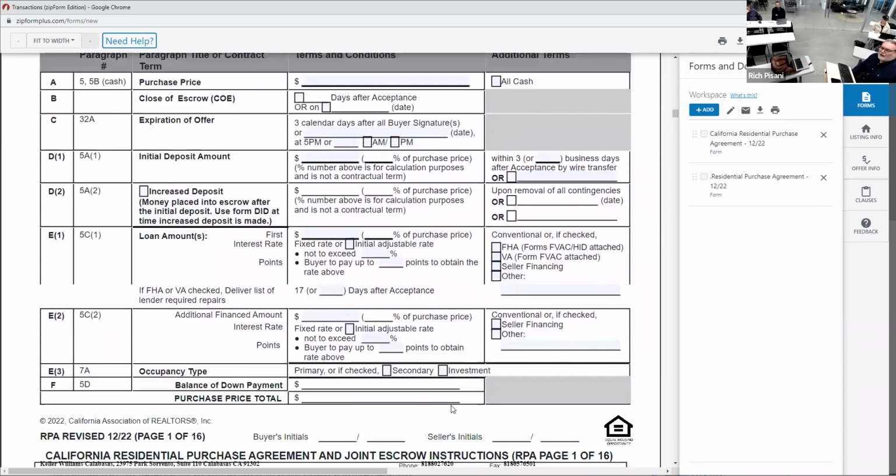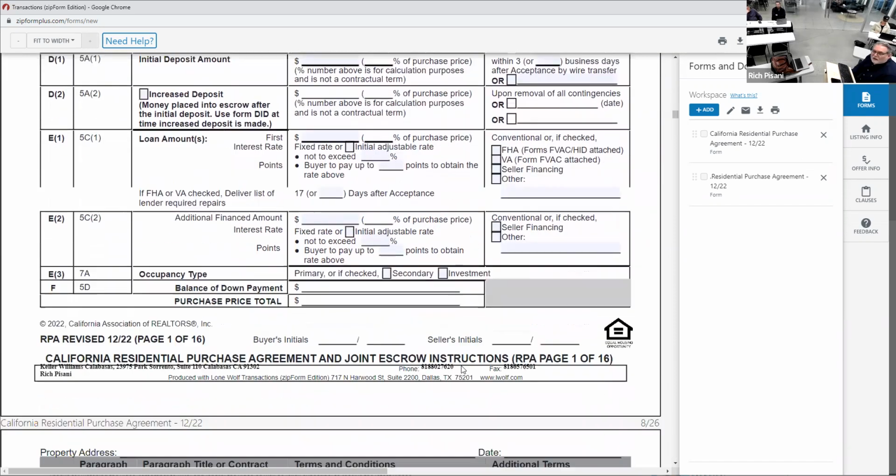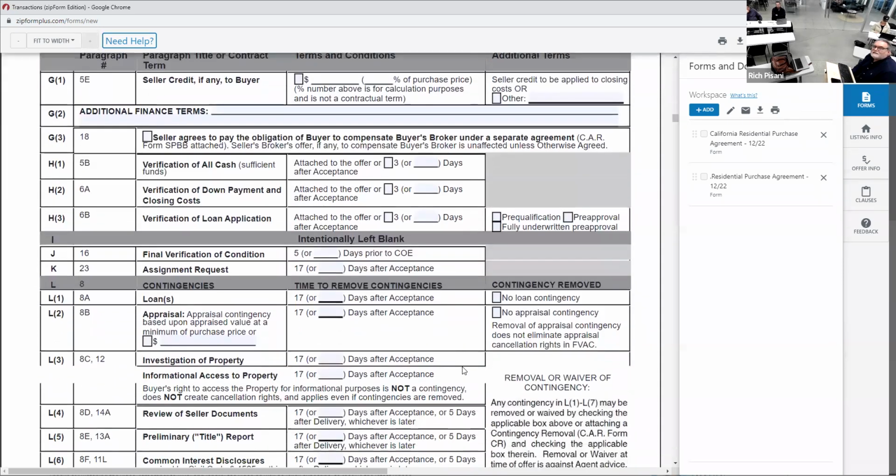So before we move on to the next page, anybody have any questions? No? Okay. So next, seller credit to the buyer. If the buyer up front says, I want the seller to credit me X amount of dollars towards closing costs, then that's where you would ask for it, right here.